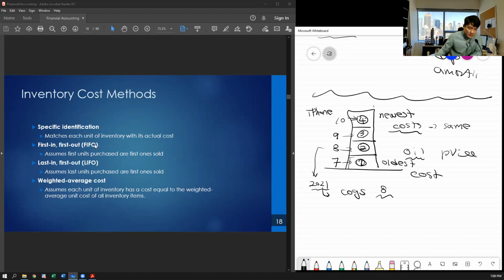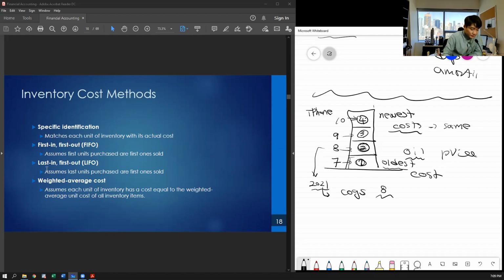And if number one is sold, then the company will move on to number two. So you're starting from the bottom to the top as you're making sales during the period. That's first in, first out, using the oldest inventory to compute the cost of goods sold.